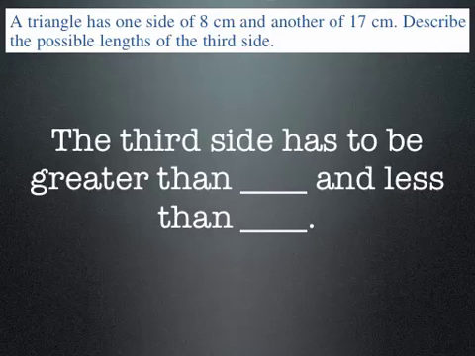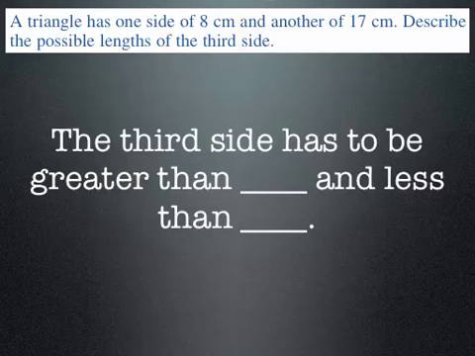The last example says a triangle has one side of 8 centimeters and another of 17 centimeters. Describe the possible lengths of the third side. The third side, remember, is going to have to be a number such that when we add any 2 sides together, the sum is greater than the third side. So if you look at the smallest side that we're given, it's 8 centimeters.